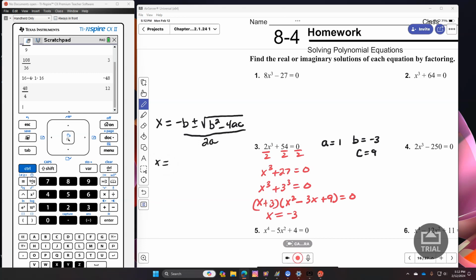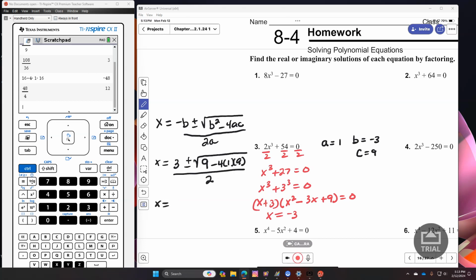So now I'm just going to substitute, and we have 3, since b is negative 3, plus or minus the square root. This is the discriminant, and if the discriminant is less than 0, we know it's going to be imaginary in this case. It's 3 squared, which is 9, minus 4 times a, which is 1, and then times 9, and then we divide by 2a, which is 2.